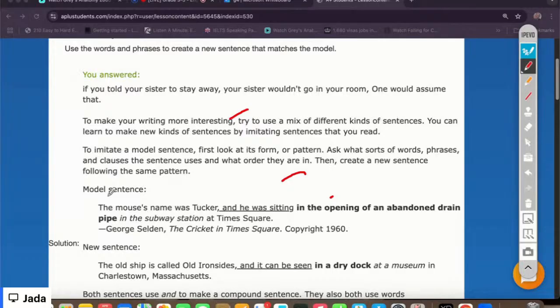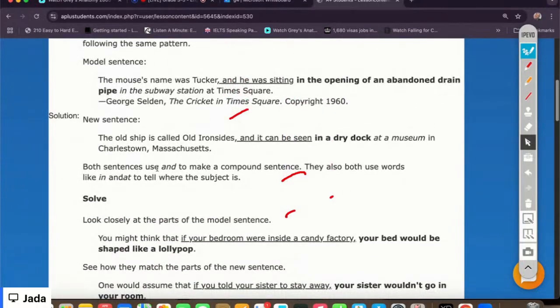Okay, so we have: The mouse's name was Tucker, and he was sitting in the opening of an abandoned drain pipe in the subway station at Times Square. So we have to create another sentence from this, right? So the new sentence could be what? The old ship is called Old Ironsides, and it can be seen in a dry dock at a museum in Charlestown, Massachusetts.